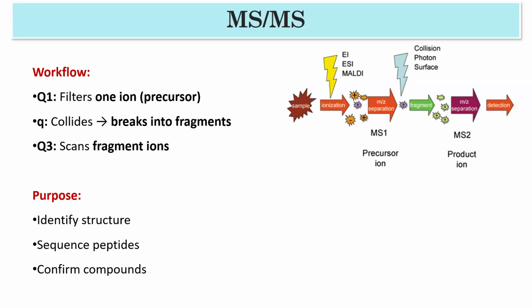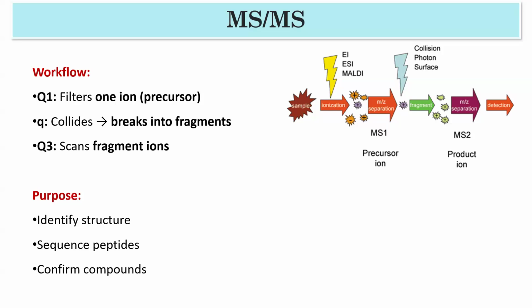Sahas is asking what is the advantage of using MS-MS. As I told, if you have a protein and do the mass spectrometer analysis, you may not get what kind of amino acids are there. You understand? A protein is a very large molecule, a large polymer, and it may not fragment so much that you get to know what amino acids were present.